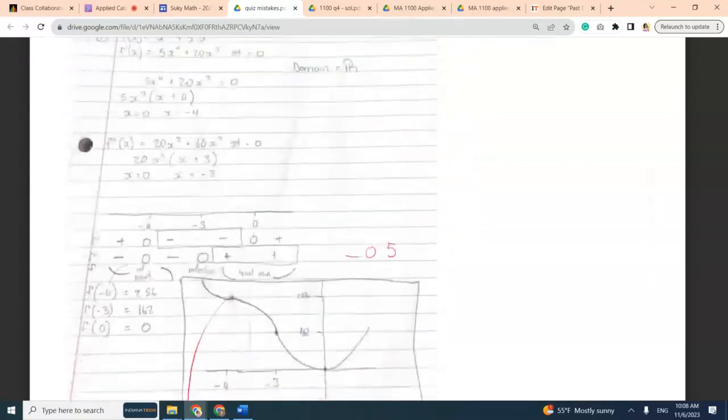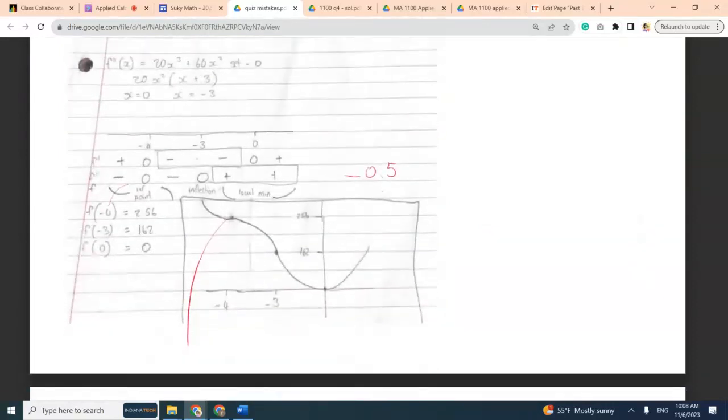All right. Oh, here. Yes. So this is plus. This is plus. So is increasing and concave down. Okay.